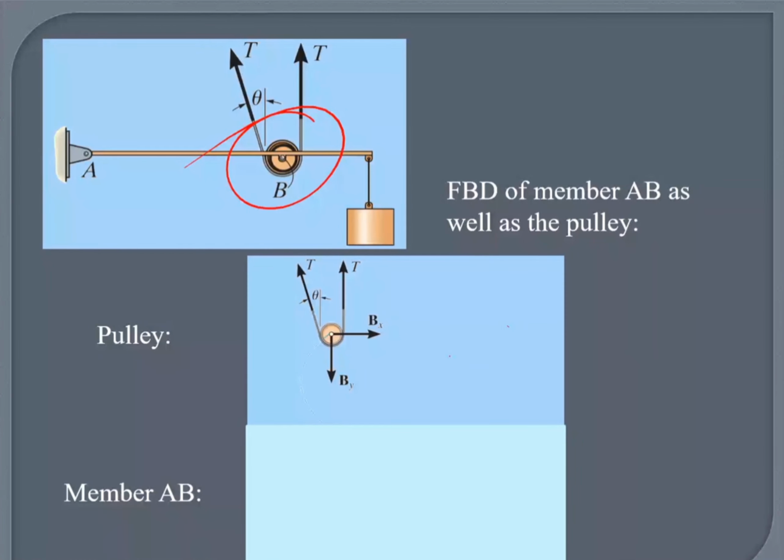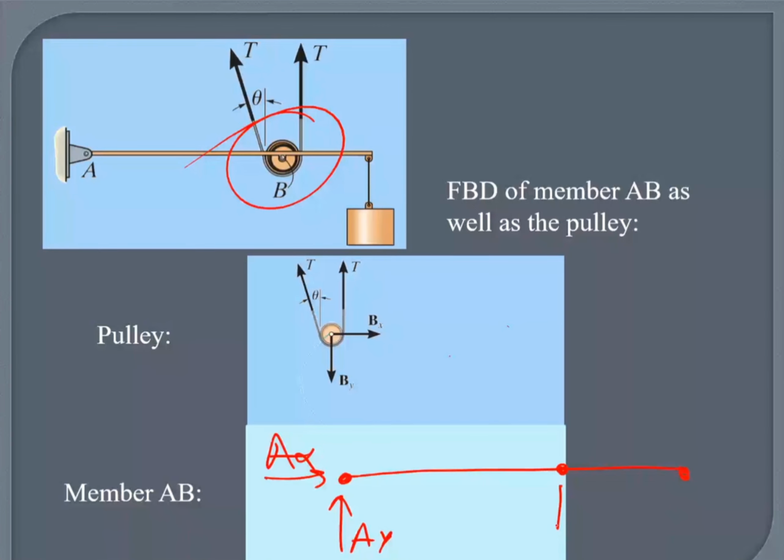Yes, sir. Now let's look at the free-body diagram of AB. I've got AB, and that's my pivot here, the pivot for the pulley, and I've got a load. At A, it's a fixed point. A cannot move in the X or Y direction, so I will have my two reaction forces at the support point A. At point B, I've got my BY and BX.